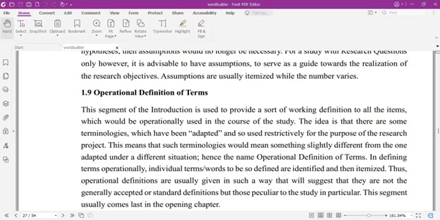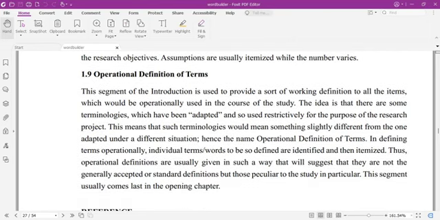Operational, relating to your own work. In defining terms operationally, individual terms or words to be so defined are identified and then itemized. You itemize them and then you define them one after the other. Thus, operational definitions are usually given in such a way that will suggest that they are not the generally accepted or standard definitions, but those peculiar to the study in particular.